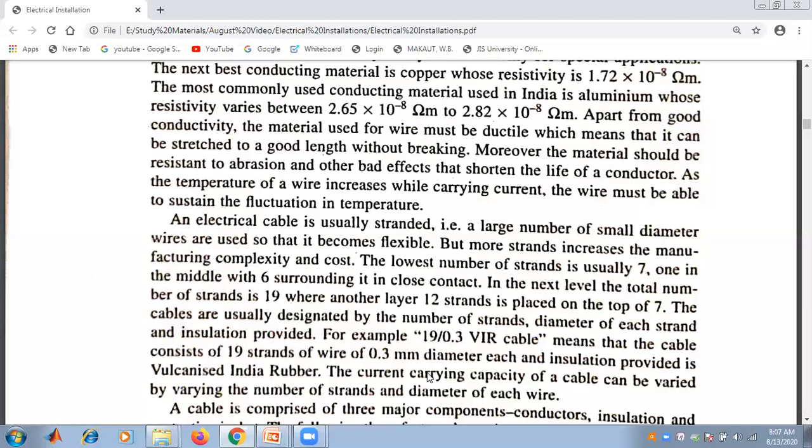For example, a 19 by 0.3 VIR cable means the cable consists of 19 strands of wire of 0.3 millimeter diameter each, and the insulation provided is vulcanized India rubber.